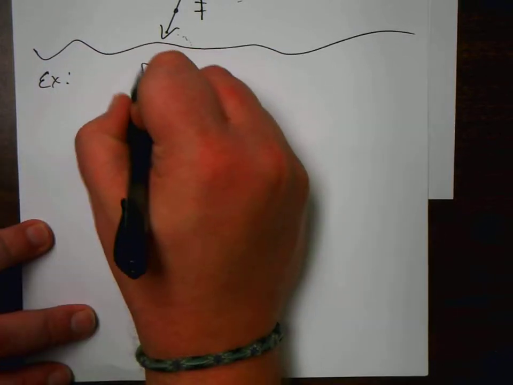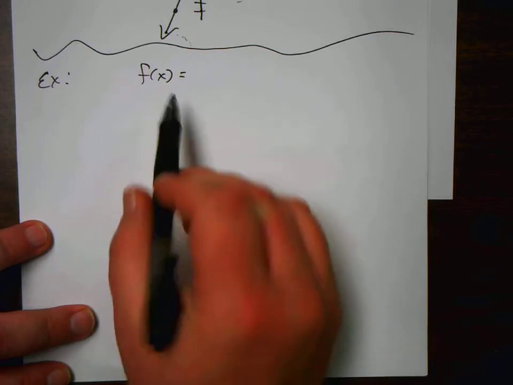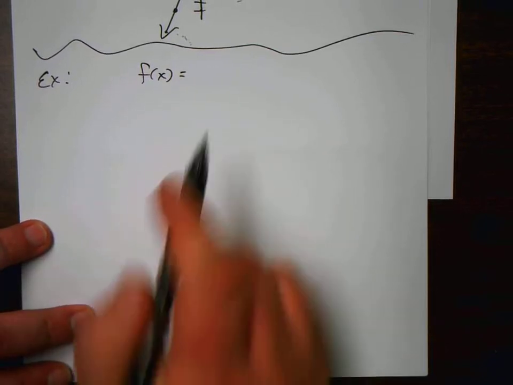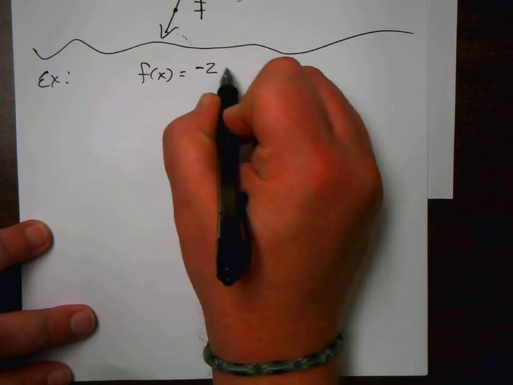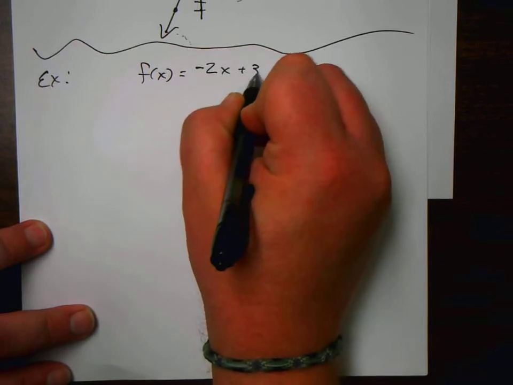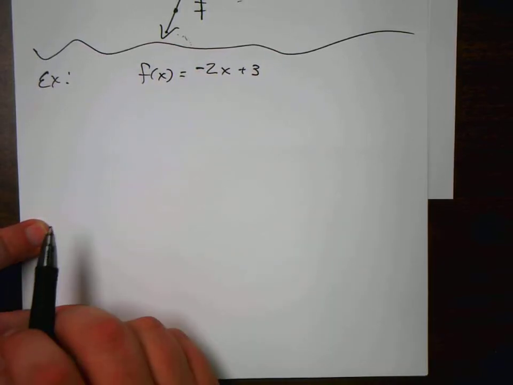And let's try f of x, and let's try something like, I don't know, let's go with f of x equals negative 2x plus 3.